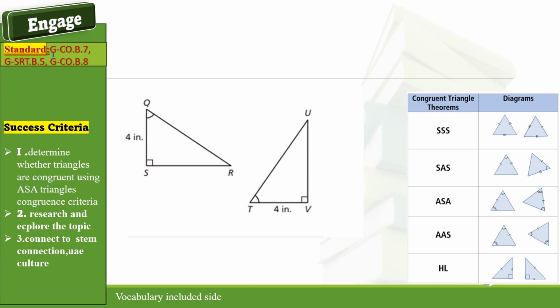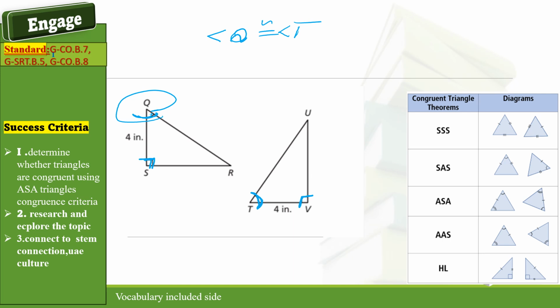Let's have a look over here and try to prove this by ASA. Here angle Q has one line, and in the second triangle angle T has one line. So you can say, looking at their structure, that angle Q is congruent to angle T. Now angle S is 90 degrees, and in the second triangle angle V is also 90 degrees.